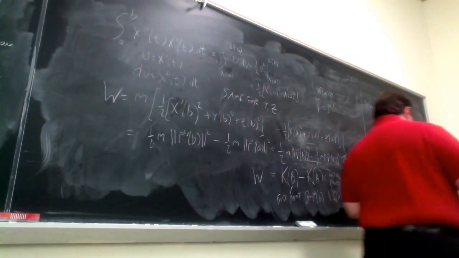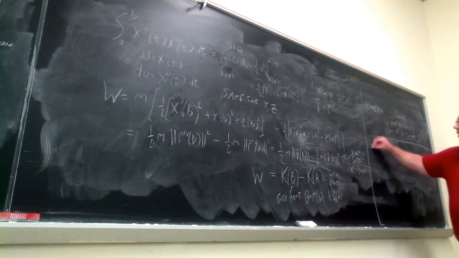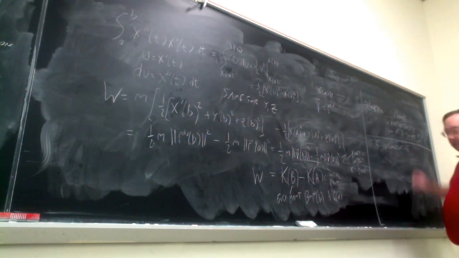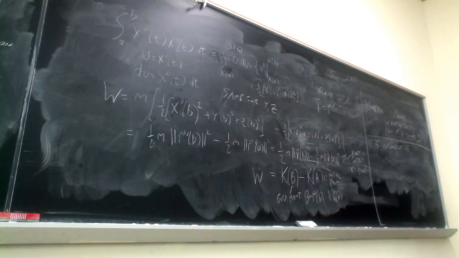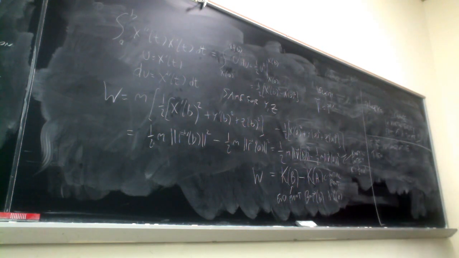Now, that's one way to look at this. But here's another way to look at the same thing. If F is conservative, then F is a gradient of some function, as we covered last time.